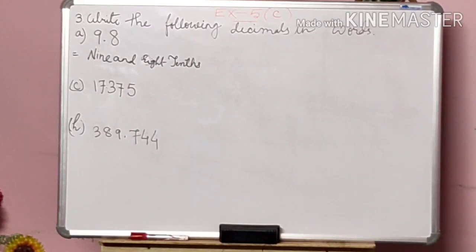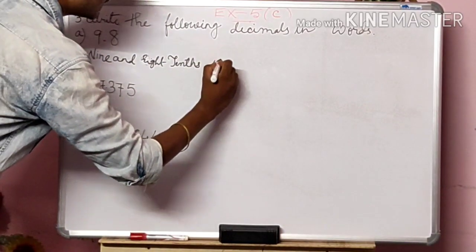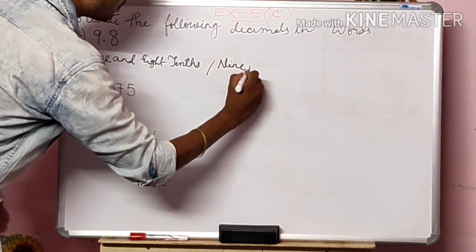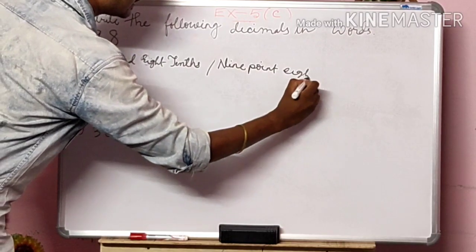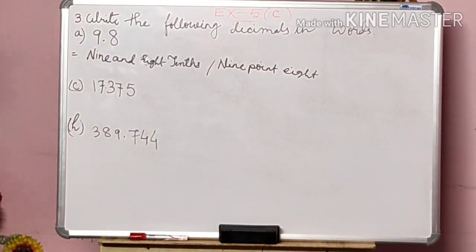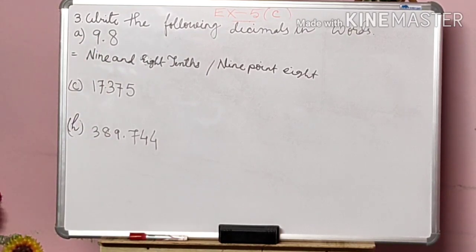So this is the first way. The next way is that it can be written simply as 9.8, eight. It can be read like this also. I prefer this one, but in both ways you will find it in some books or places.